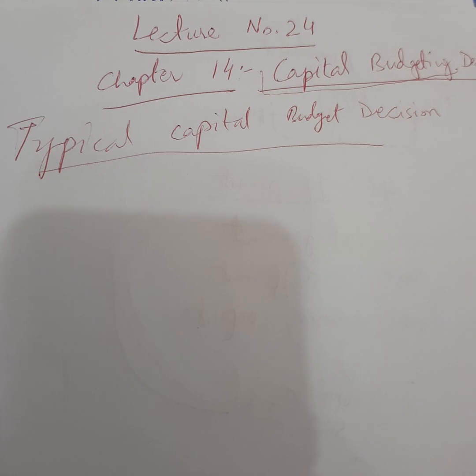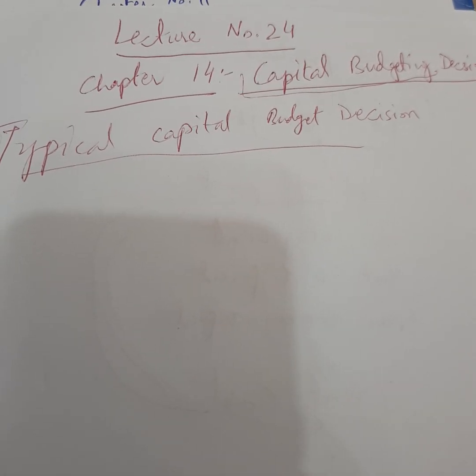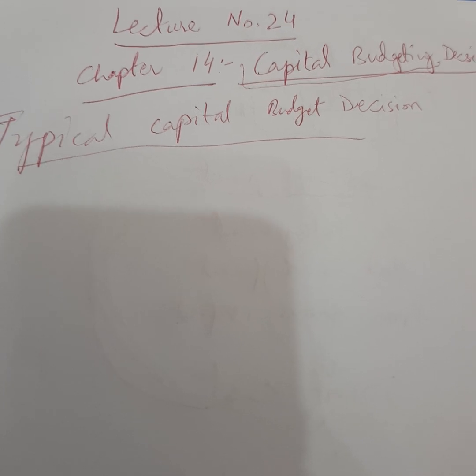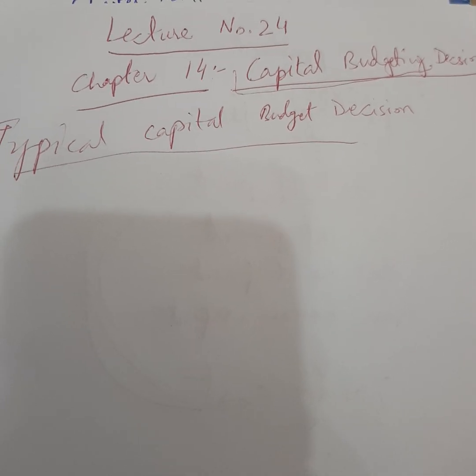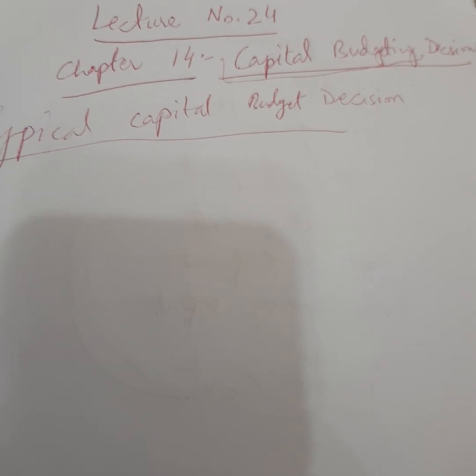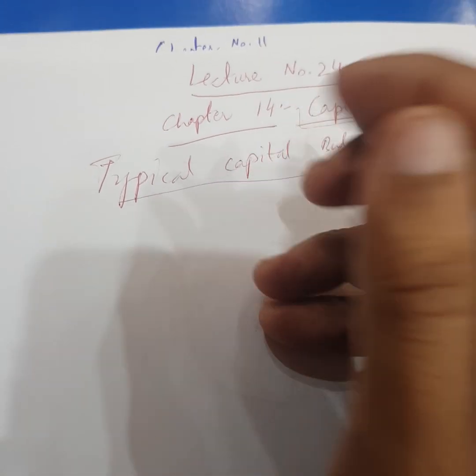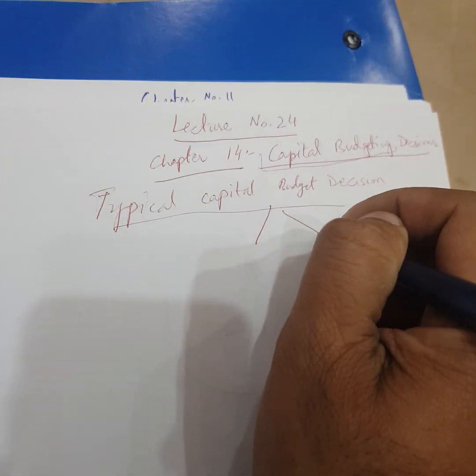The fifth type of typical capital budgeting decision is the equipment replacement decision, that is whether an old equipment should be replaced or not.